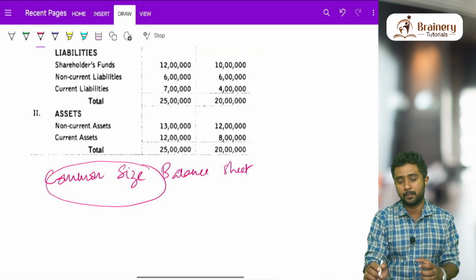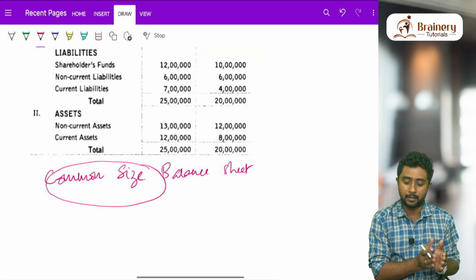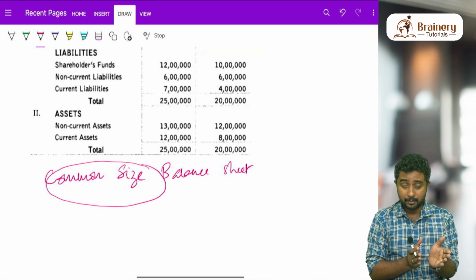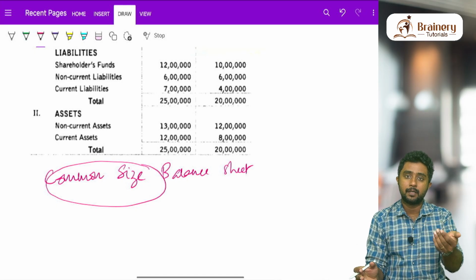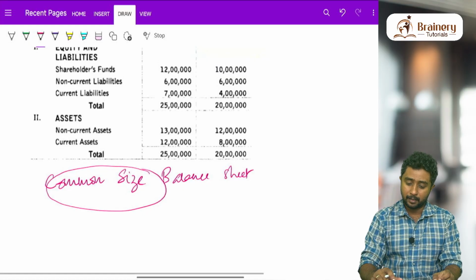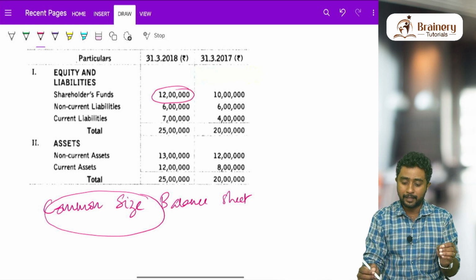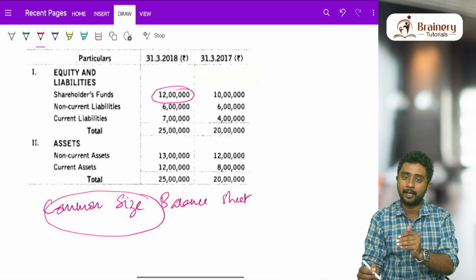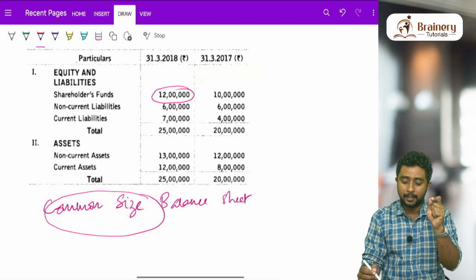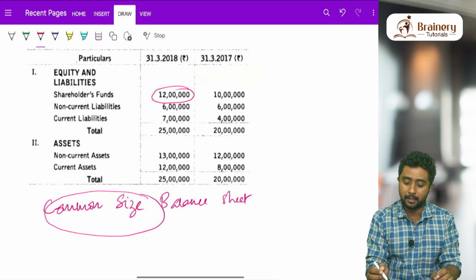Common size means we are converting all the values available in the financial statements into a percentage on the basis of some common base. For example, here as you can see, shareholders' funds of 12 lakhs is mentioned. This 12 lakh we will compare with a common value, and we will find out how much this 12 lakh is when compared to that common value.